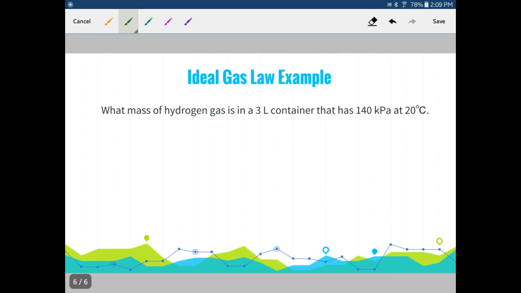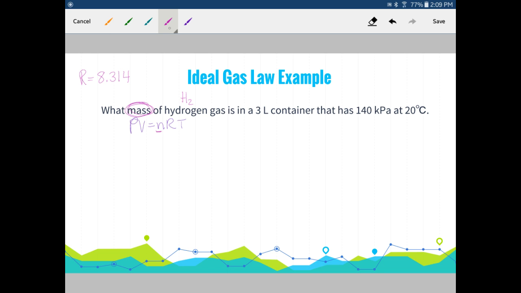Let's take a look at one more example here before you move on to an assignment or some additional practice questions. Again, we have PV equals nRT, remembering that R is equal to 8.314. And this time we're looking for the mass of hydrogen. Now, again, we have hydrogen gas, so we have H2, and we're looking for mass. So in order to find mass, we probably need to look at solving for moles.